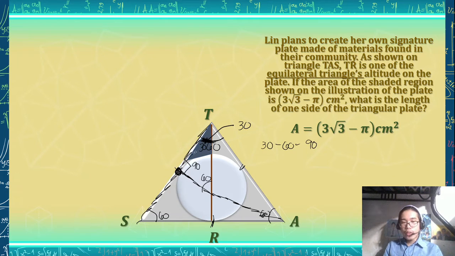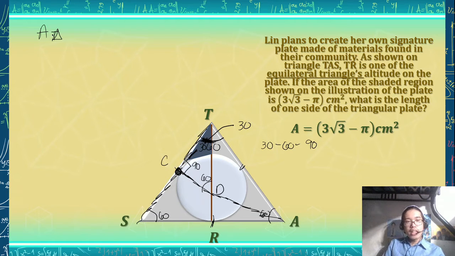And to get the area of the entire right triangle, we can create an equation. Let's name this point C, and this point D.